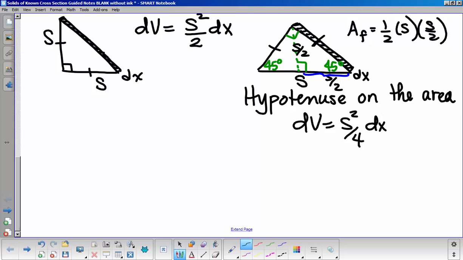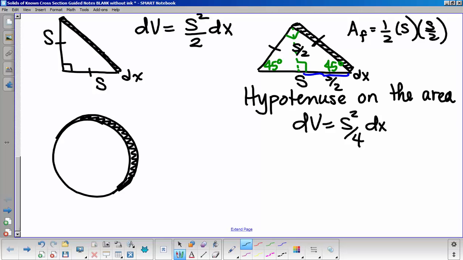I have only one last shape, and it's going to be a circle. This means it's going through the entire area, on every side.